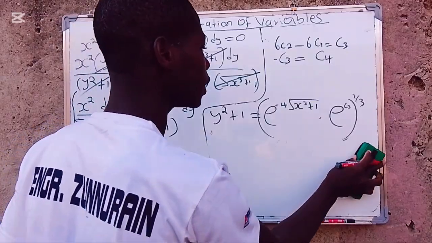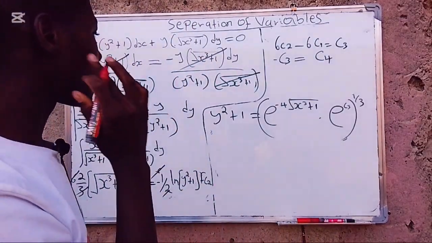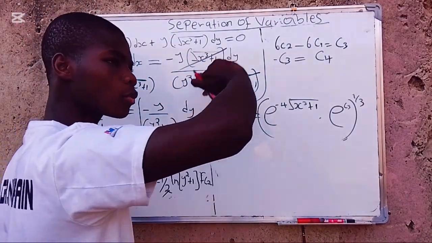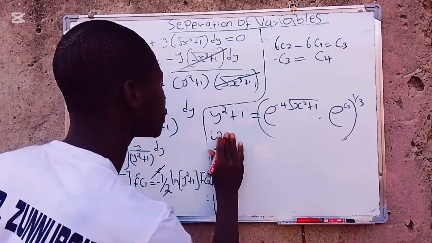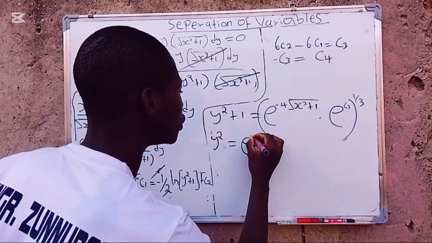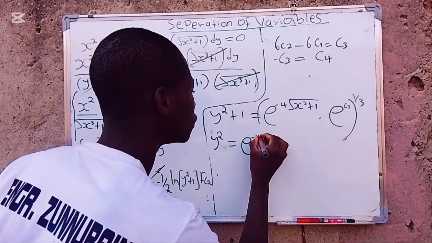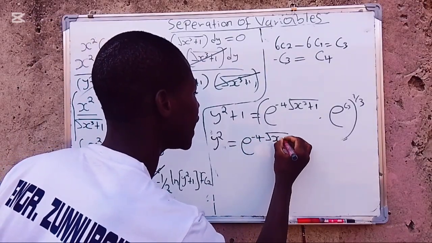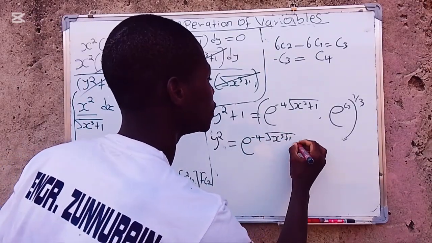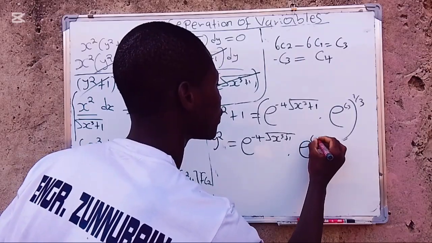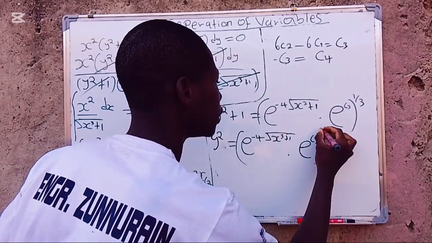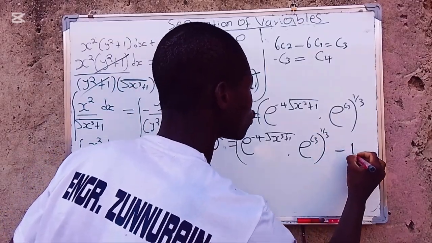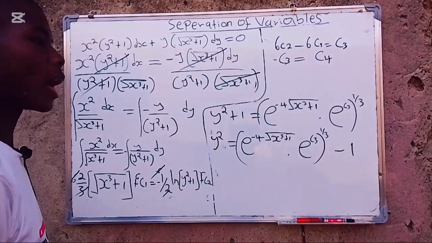So the next thing that I'm going to do, because I have this positive one, positive one shall cross that equal sign and it will now become negative. So y squared will now be equal to e to the negative 4 to the x cube plus 1 multiplied by e to the c3, in 1 over 3, minus 1. So don't forget I have the square root again.